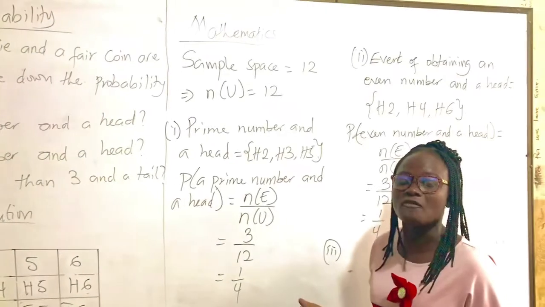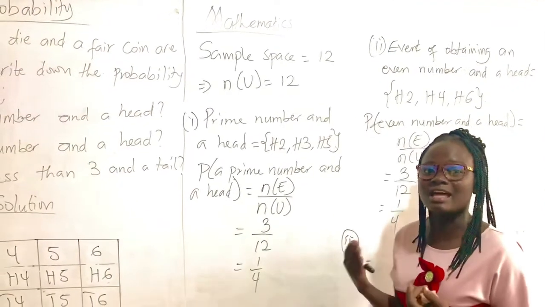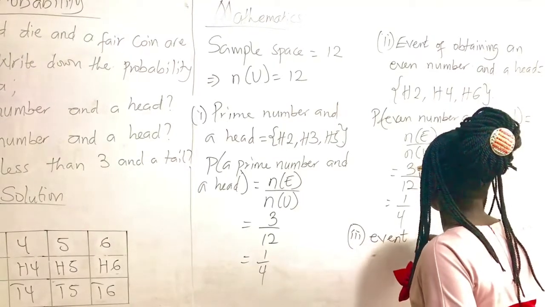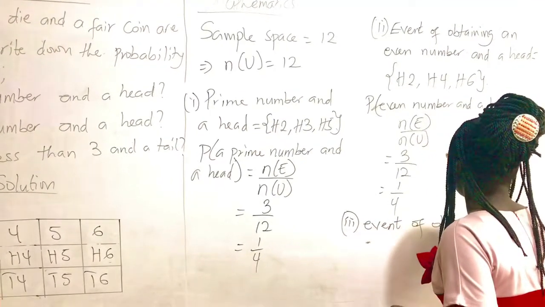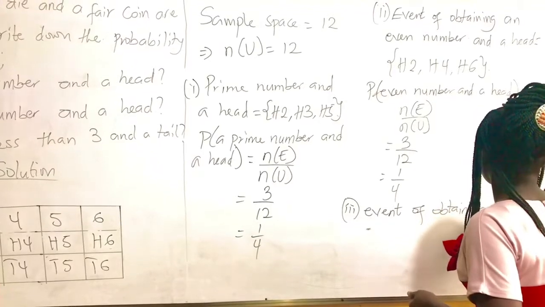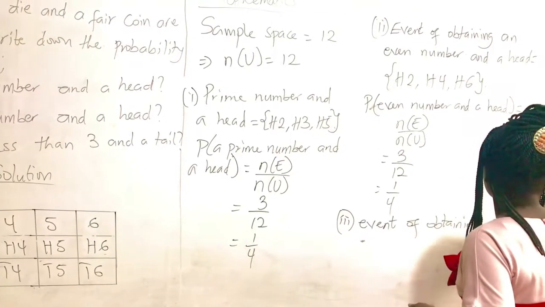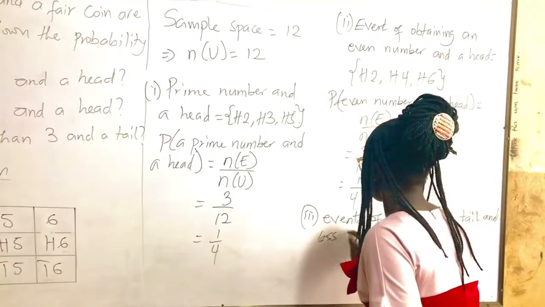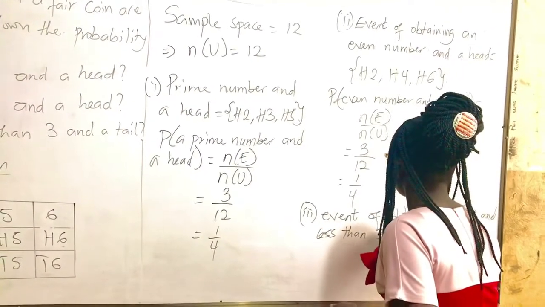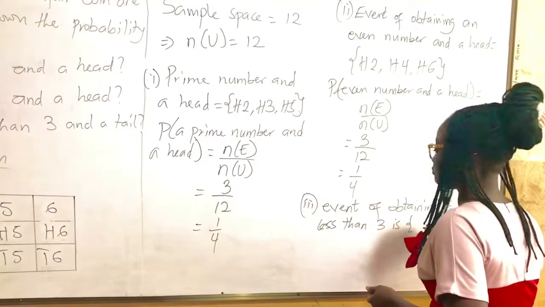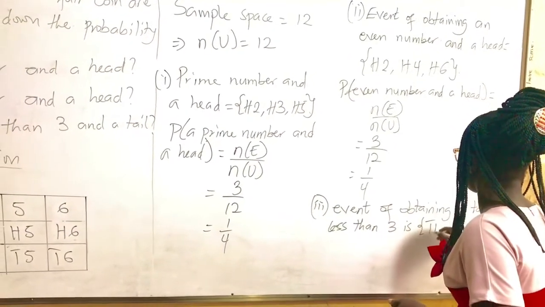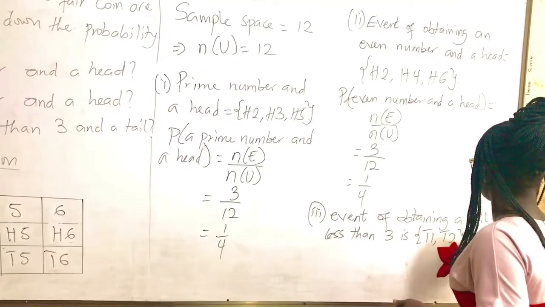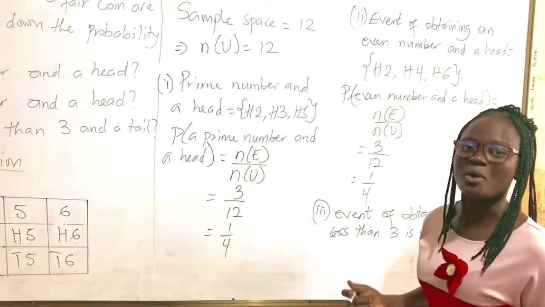So the event of obtaining a tail and less than 3 is T1 and T2. So now we come to the probability.